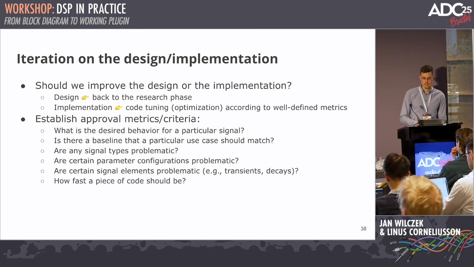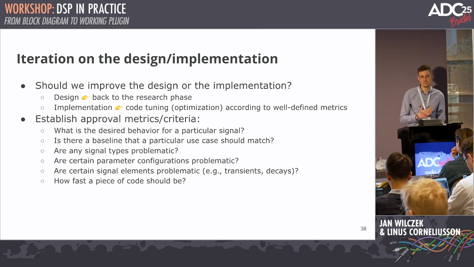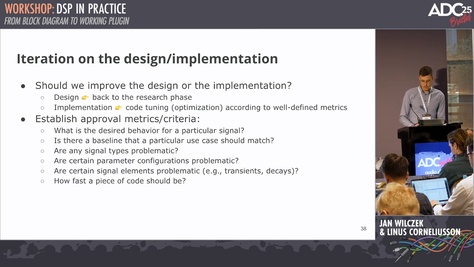You can see that there was a regression, so a bug was introduced. With these criteria, I don't want to get into signal processing details here, but there are certain signal metrics. For example, we can measure total harmonic distortion, and that tells us if there's something wrong with our plugin.